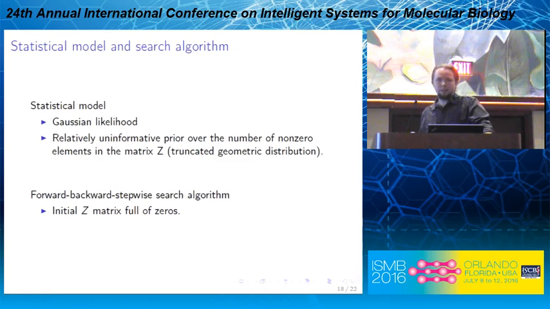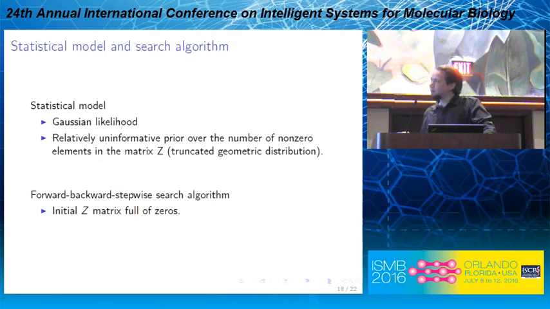We use time course RNA sequencing data to inform the model, and to combine the model with this data, we use a Gaussian likelihood, and we define a relatively uninformative prior over the non-zero elements in the Z matrix. And this prior is defined in order to penalize the more complicated models, that is, added ones in the matrix in the case when the actual parameter dimension remains constant.